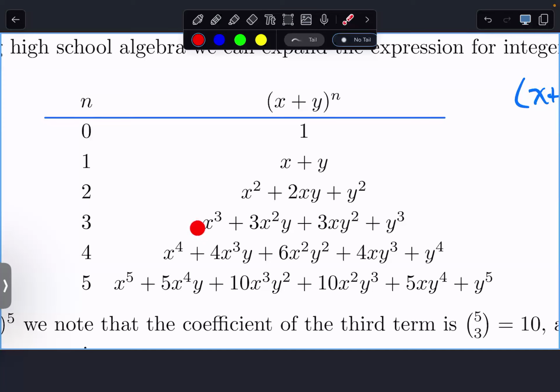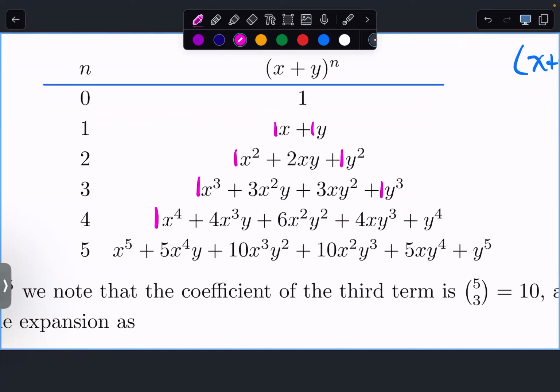And so 1x to the power of 3 + 3x squared y + 3xy squared + 1 times y to the power of 3. So here I've got 1, 1, 1, 1, just adding on these coefficients that we don't usually write, so that we can see them.